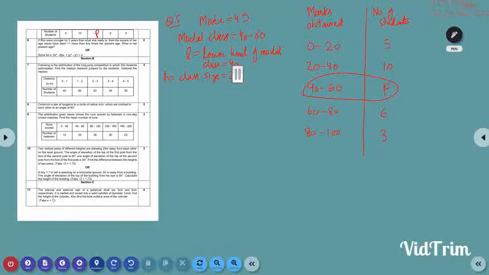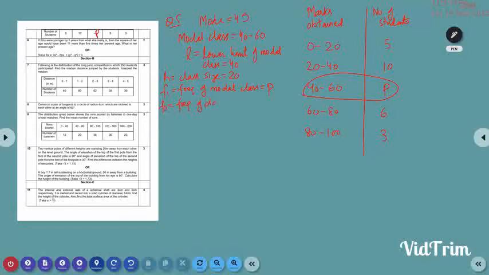Now we are going to use the formula of mode. Mode is equal to L plus (F1 minus F0) upon (2F1 minus F0 minus F2) into H. So this is the formula of mode. On substituting the values, mode is 45.